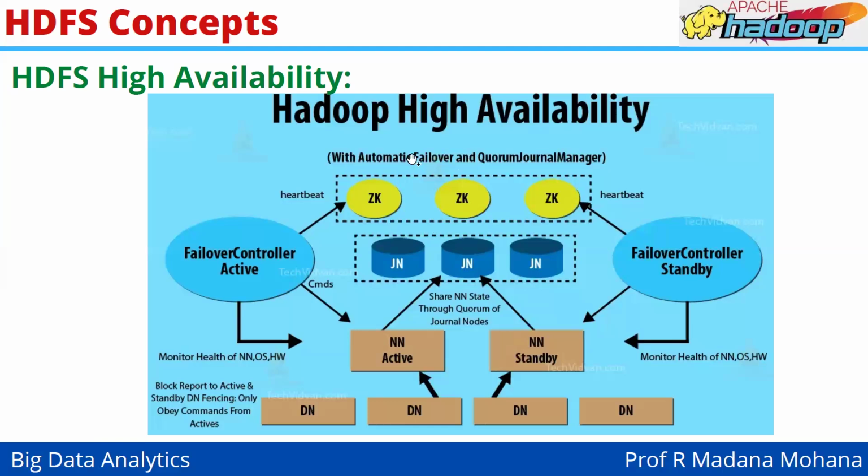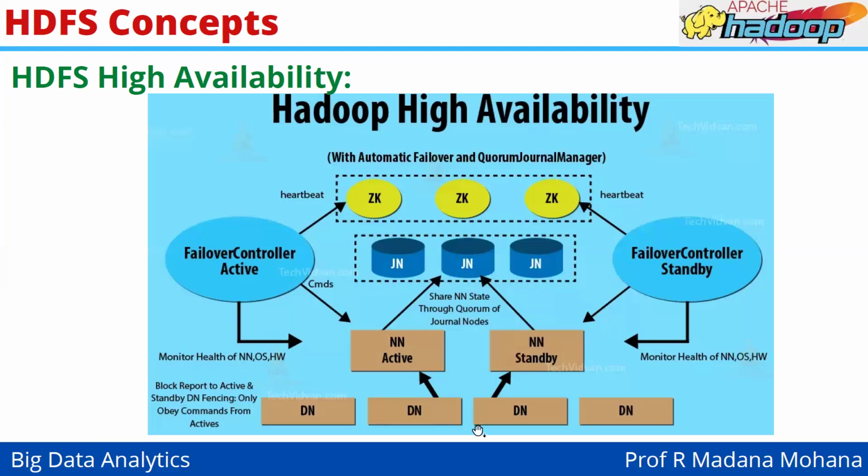Automatic failover is denoted with ZK, and the quorum journal manager is denoted with JN. Here they monitor the health of both NNs, the OS and the hardware. Here you can see the NN active and the NN standby.